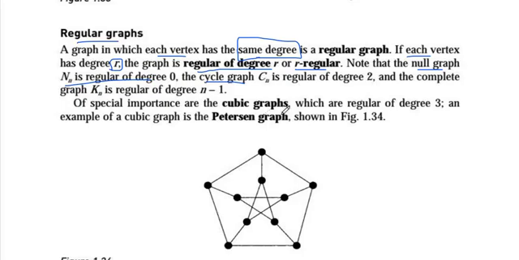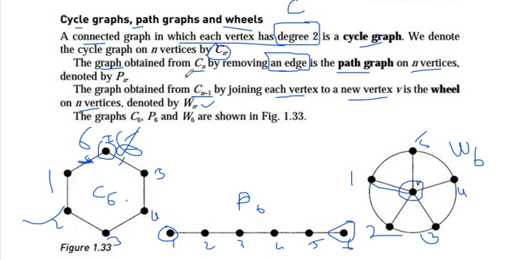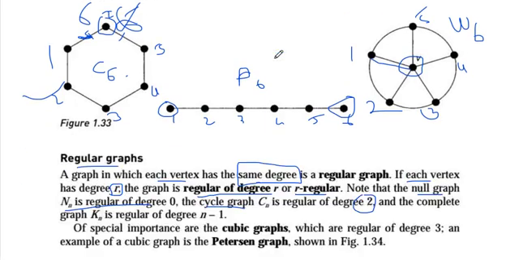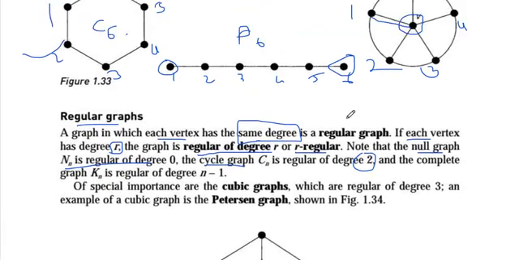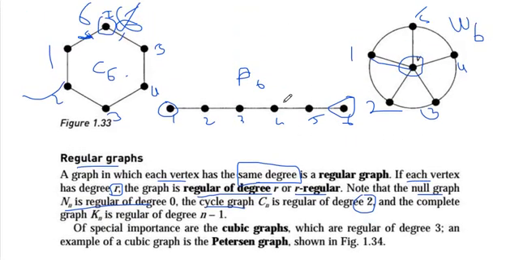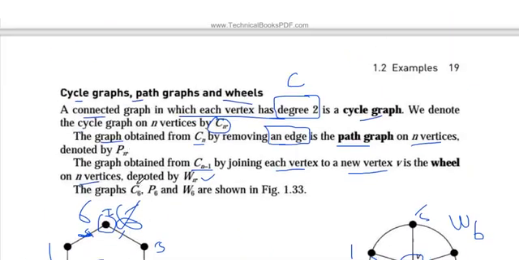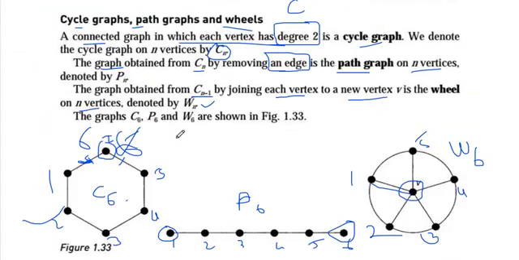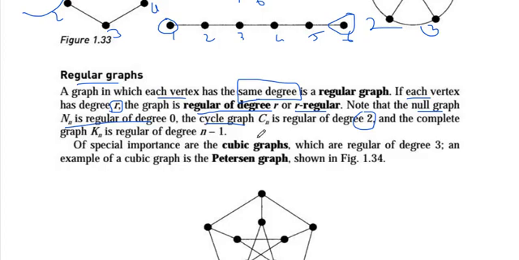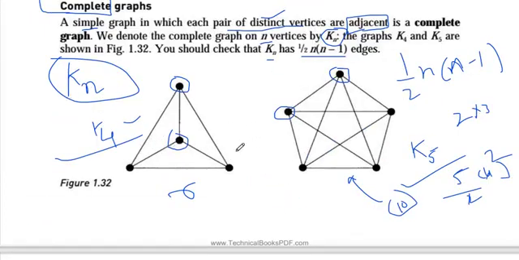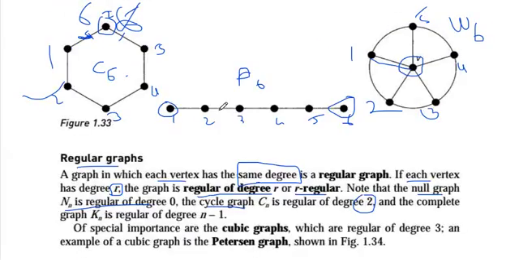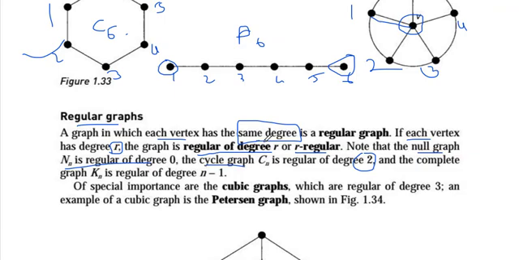The cycle graph is also regular. Why? The degree of every vertex is 2, and by the definition each vertex has the same degree, so the cycle graph is a regular graph. And the complete graph is also a regular graph. Why? Because in a complete graph each vertex has the same number of edges, so it is regular of degree n minus 1.